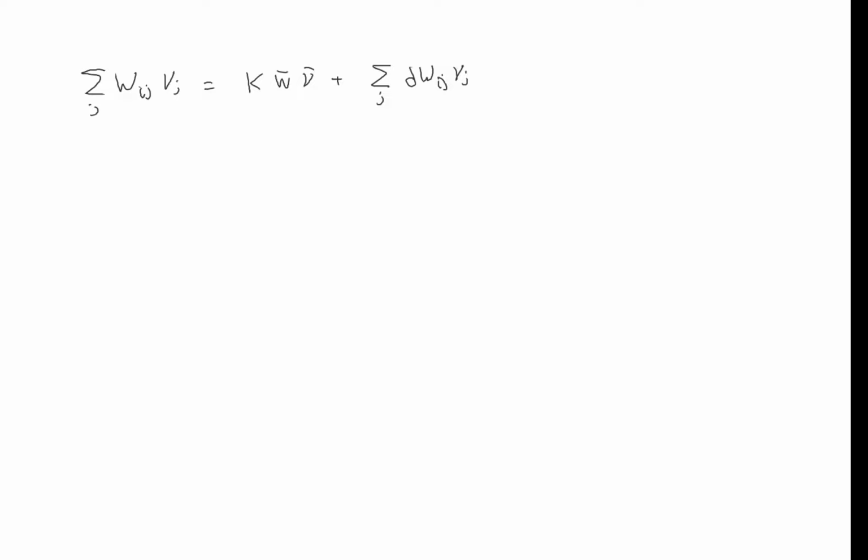Now it's a little more complicated because we have the sum on j, but the sum on j we expect, what do we expect? So this should be proportional to the square root of k.